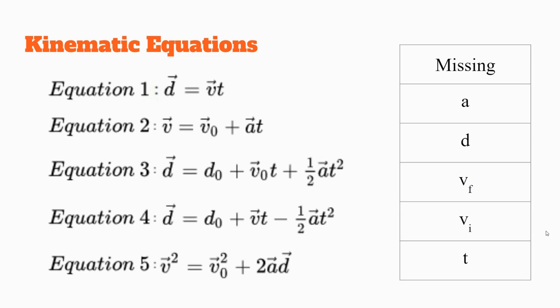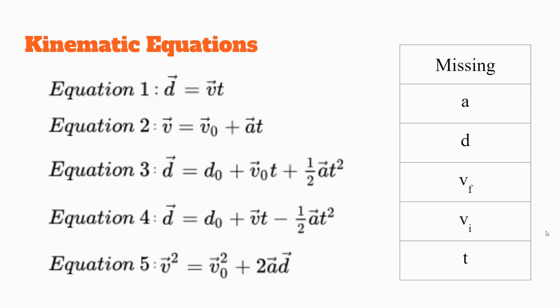Equation 3: final distance equals initial distance plus initial velocity times t plus 1/2 acceleration times t squared, or time squared. And we're missing final velocity in equation 3.